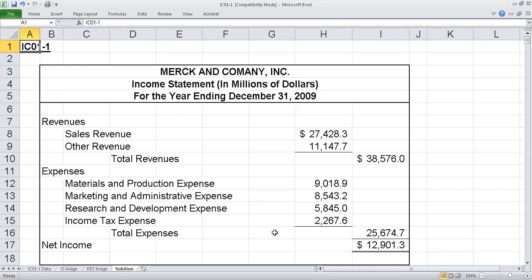Because typically when you see a number with 2 decimal places, you think dollars and cents. So it's much more rare to see more than 1 decimal place when you're doing something other than whole dollars. But theoretically, if Merck wanted to, it could have done it to 3 decimal places.